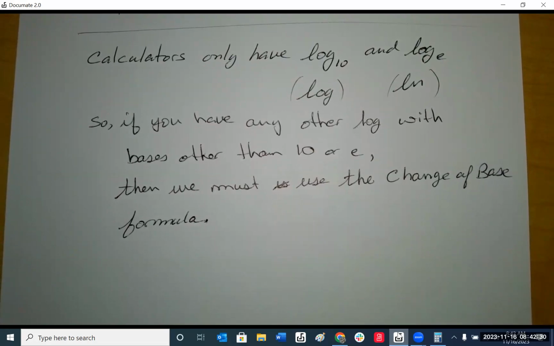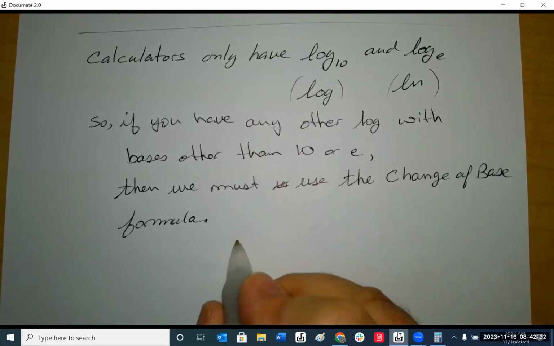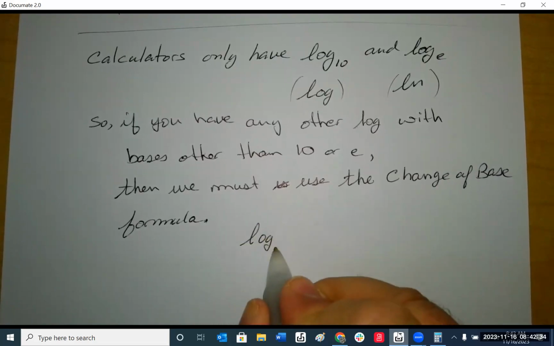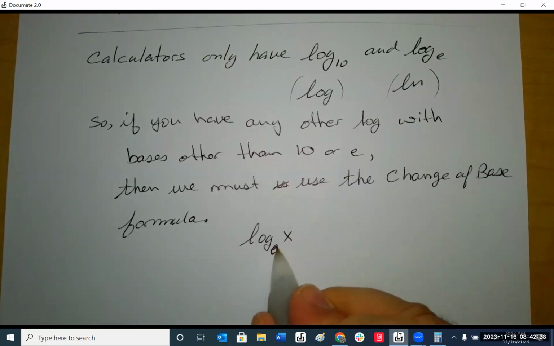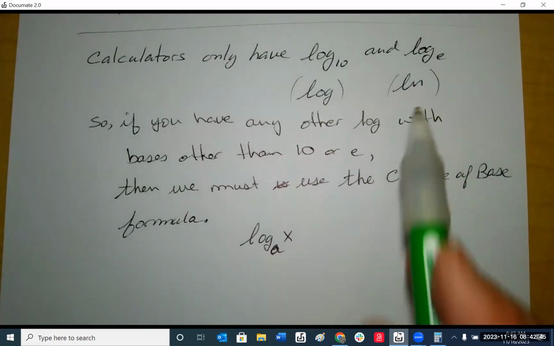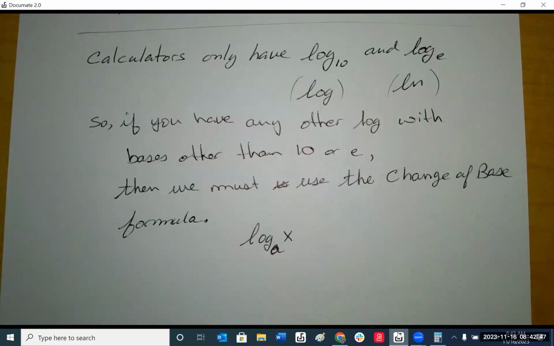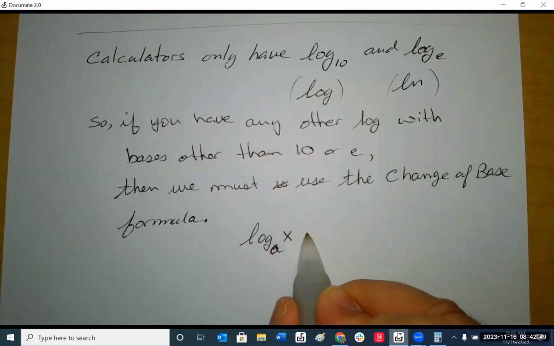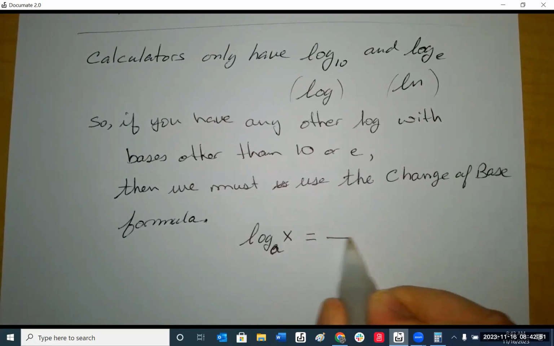Basically, what this says is we have to change an equation that looks like this into only having either log base 10 or log base e. The change of base formula is this.